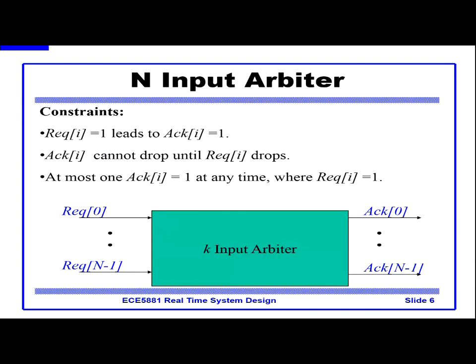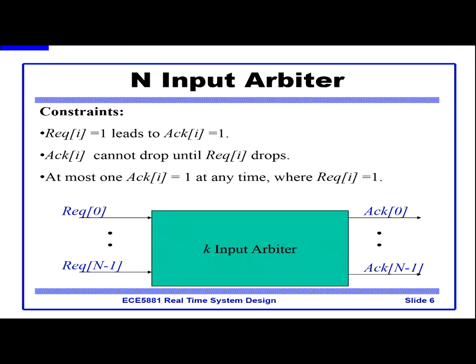So what we were talking about last time was n input arbiters, where n is the number of requests. So we have request lines 0 up to n minus 1, and you assert a request for a shared resource by putting a 1 on those request lines. You then wait for your corresponding acknowledge line to be 1.